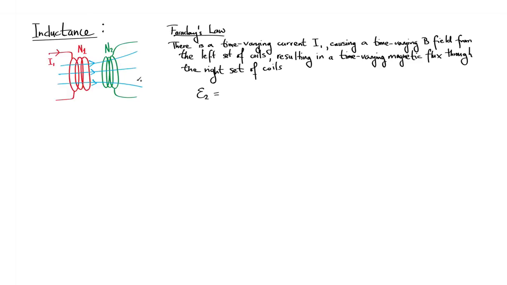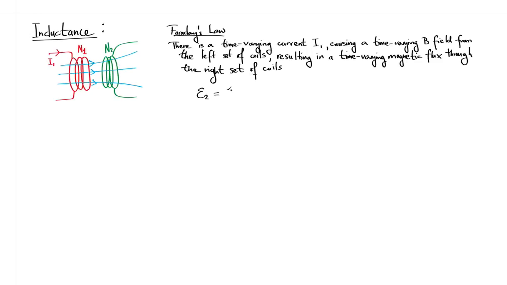So if I'm going to write down Faraday's law, this is the induced EMF in the right side, the green set of coils. And that's going to be equal to minus the time derivative of the total magnetic flux through these coils.